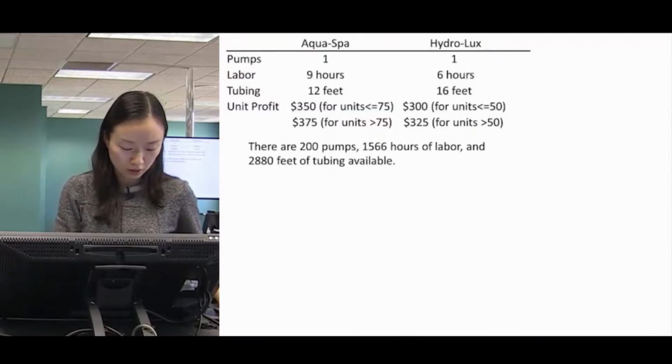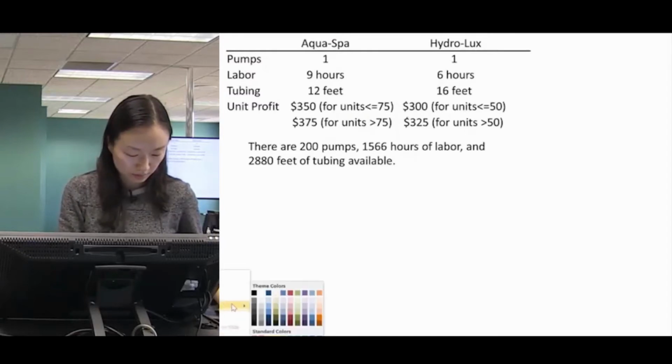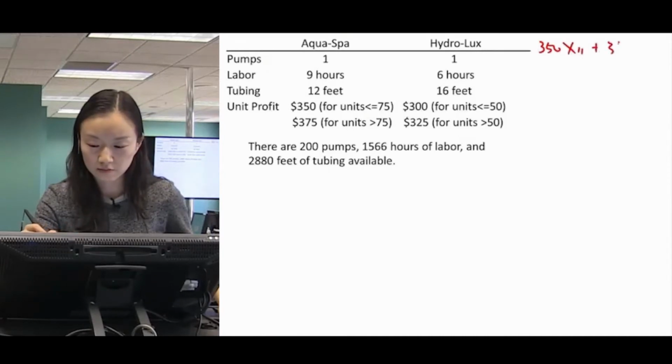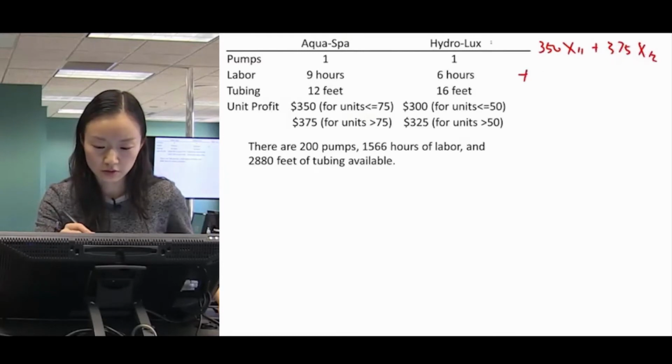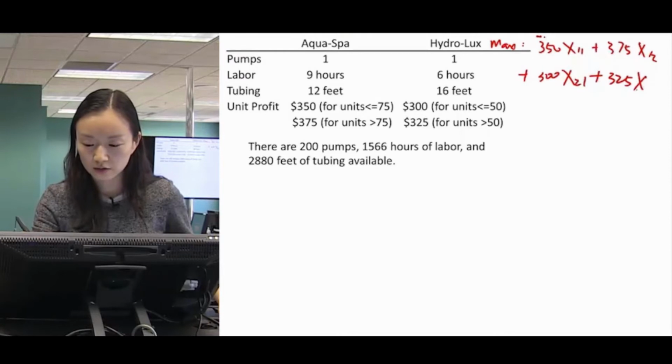We can write our objective function, you need to maximize: 350 x11 plus 375 x12 plus 300 x21 plus 325 x22.